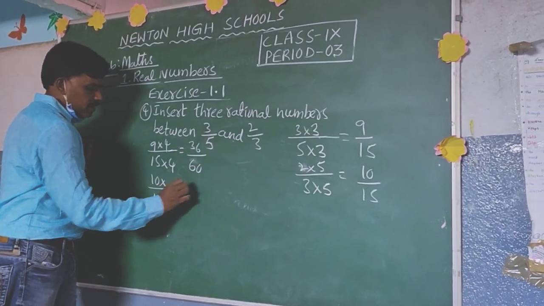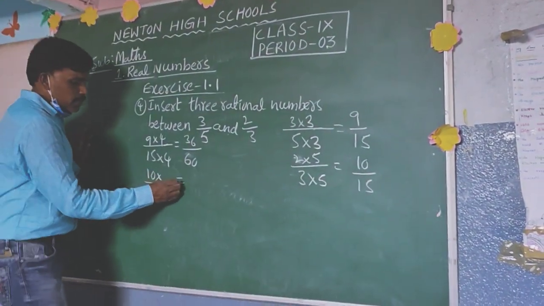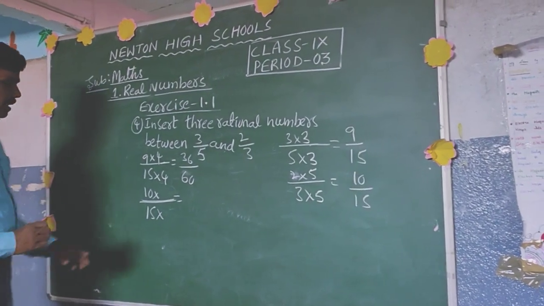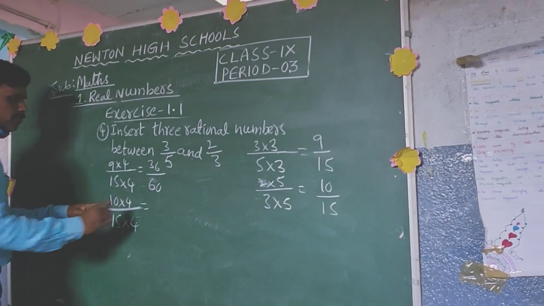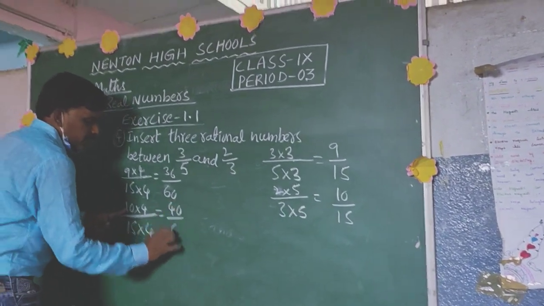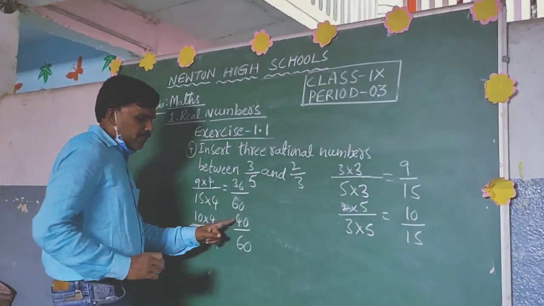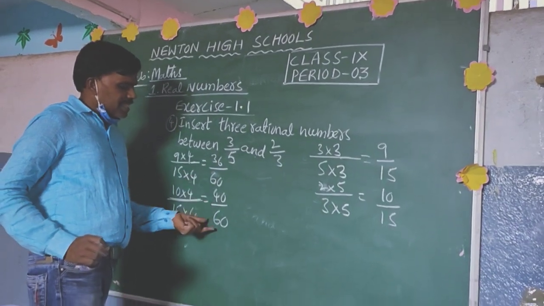Here 10 4s are 40, 15 4s are 60. So we have 36 by 60 and 40 by 60.